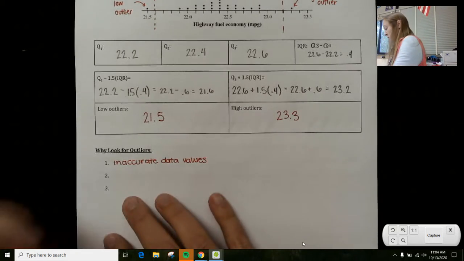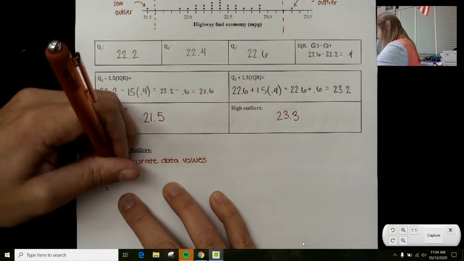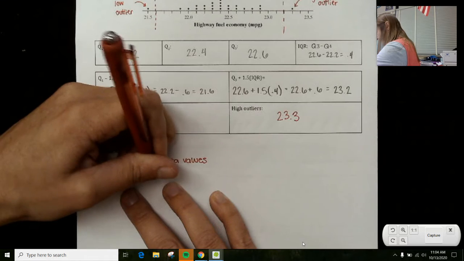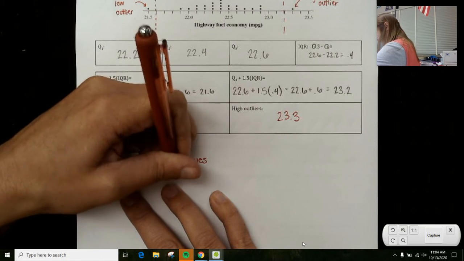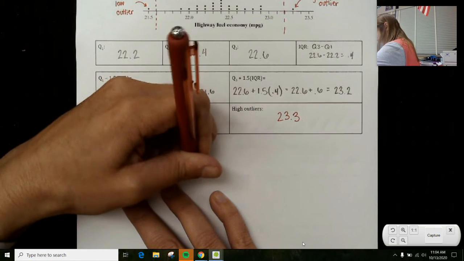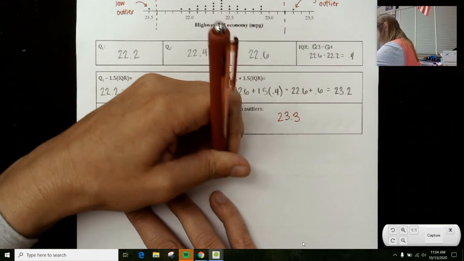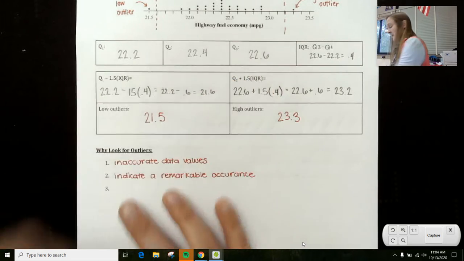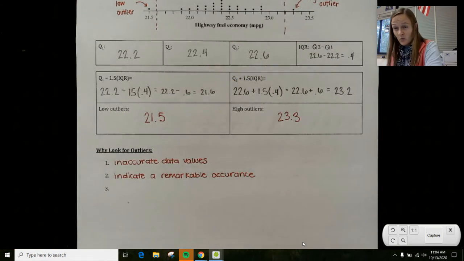So number 2 is that it can indicate a remarkable occurrence. If you think of snowfall and you think of some of the major storms, when you look at what storms get talked about historically, they're generally talking about those outlier storms, the storms where you got way more snow than you get in other storms.